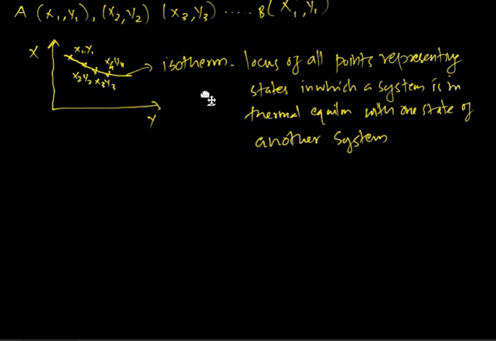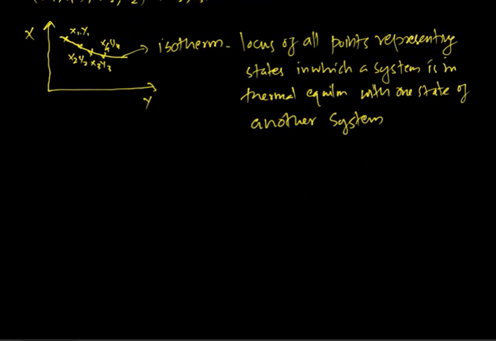That is, if you start with another set of initial conditions, then another set of states of the system A lying on another curve may be found, every one of which is in thermal equilibrium.